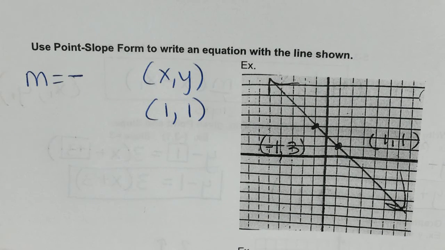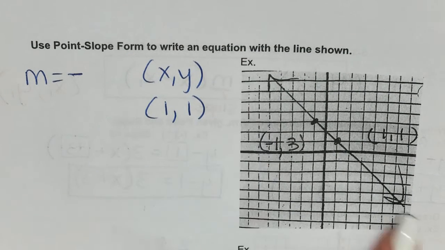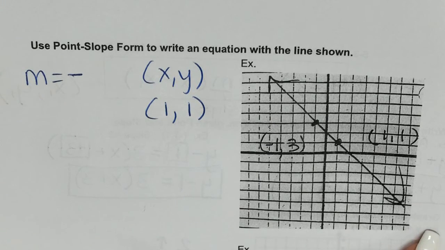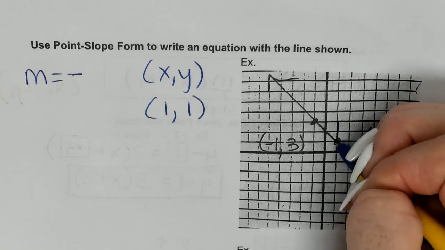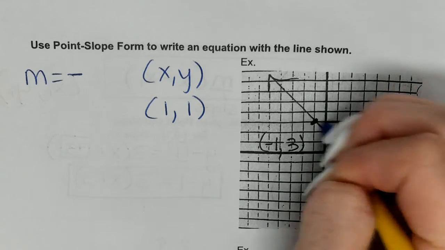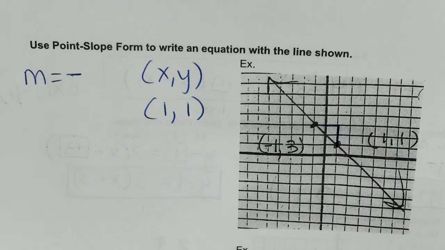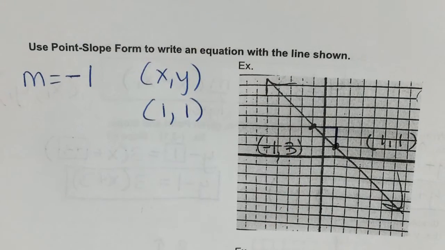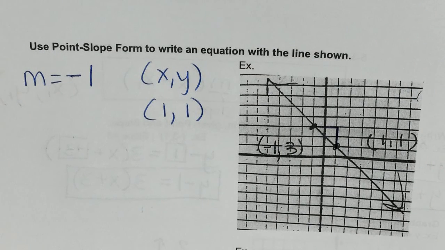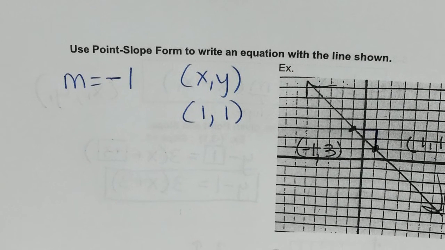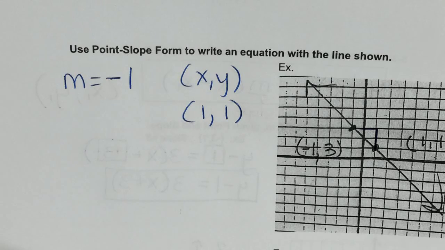Because how do I know this slope is negative? It's going down from left to right. All right, what's my rise? What's my run? What's 2 divided by 2? My slope is -1.